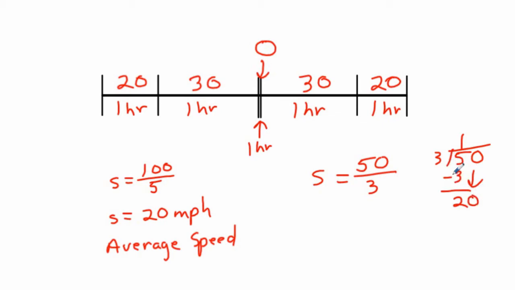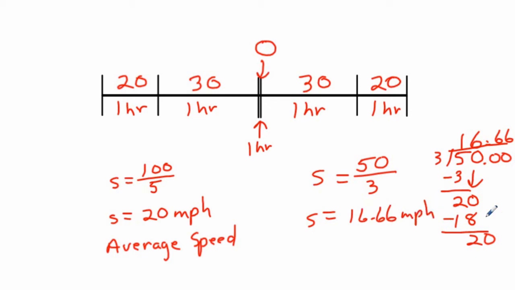Bring down the 0. There are 6 3's in 20, because 3 times 6 is 18. Subtract, we get 2, and bring down another 0. It looks like it's going to repeat because here we have 20 again, and we just divided 3 into 20, so we'll get the same number over and over. So our average speed for these first 3 segments is 16.66 miles per hour.